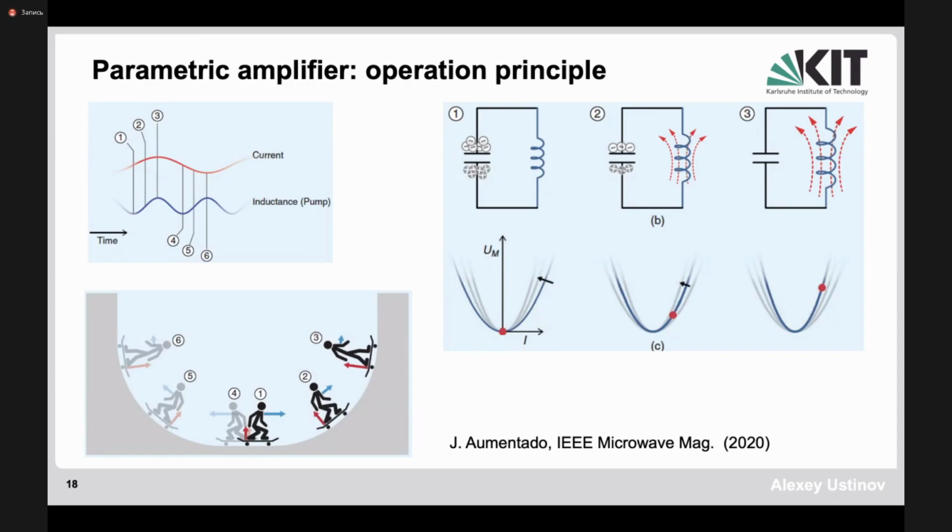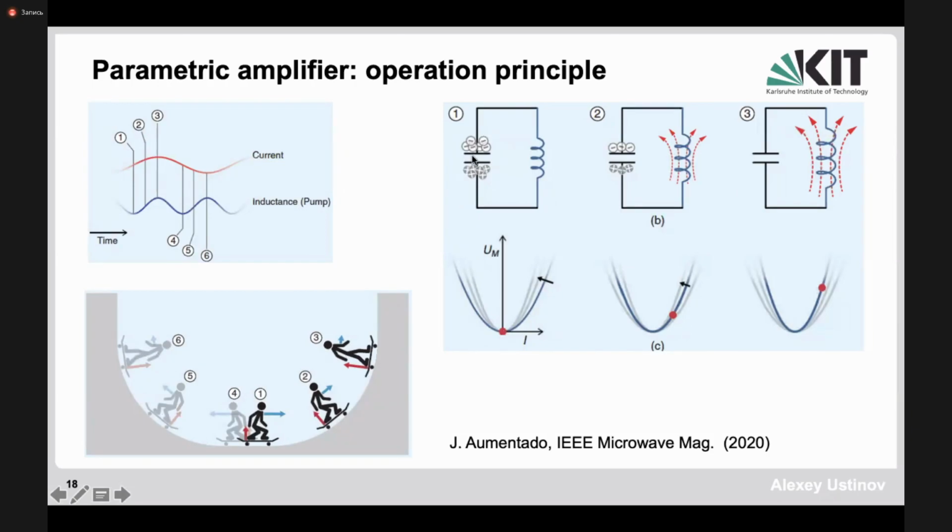And imagine that you have an LC resonator where you would be able to change the inductance of the resonator during the oscillations. Once you have the charge at the bottom, of course you cannot excite it.